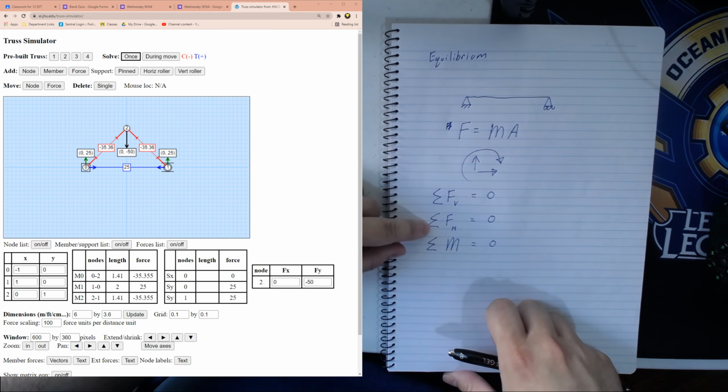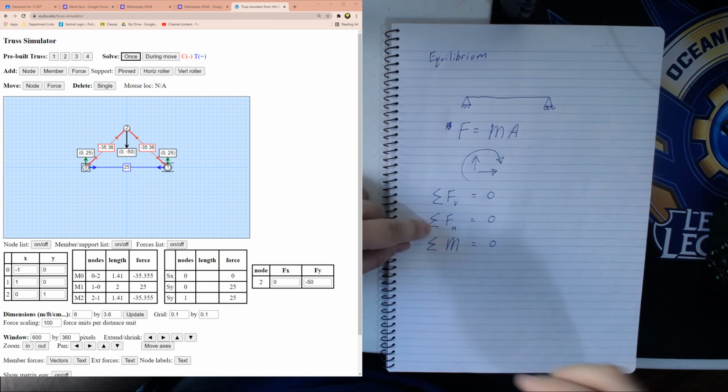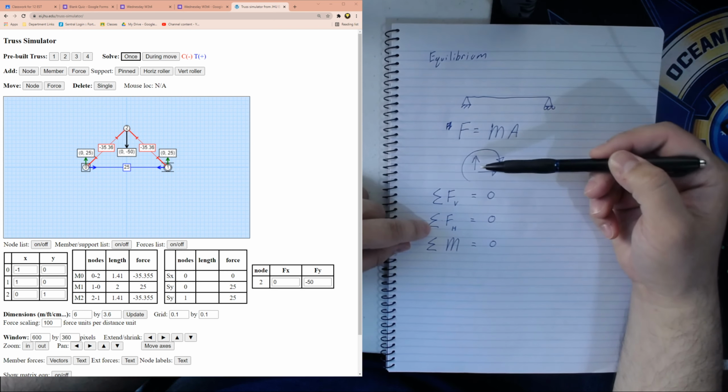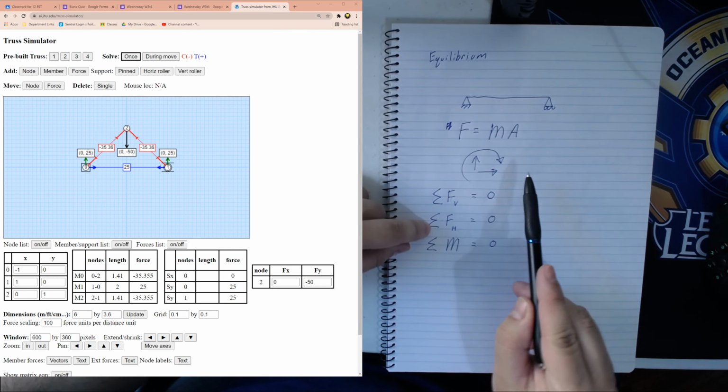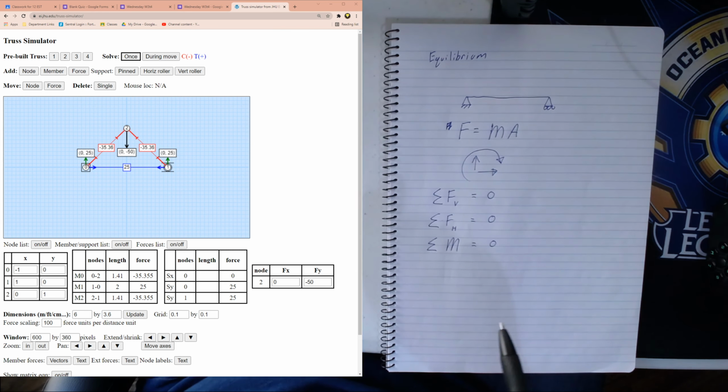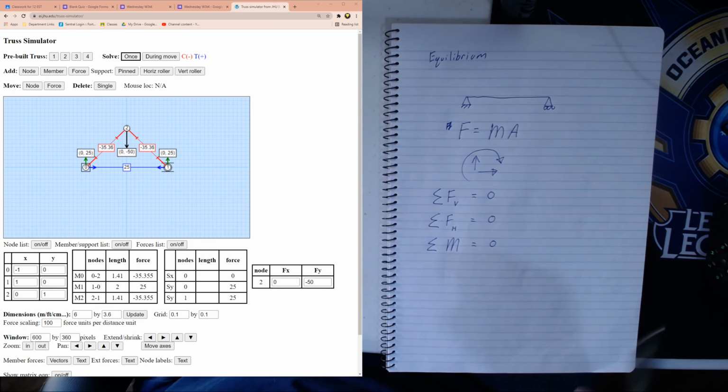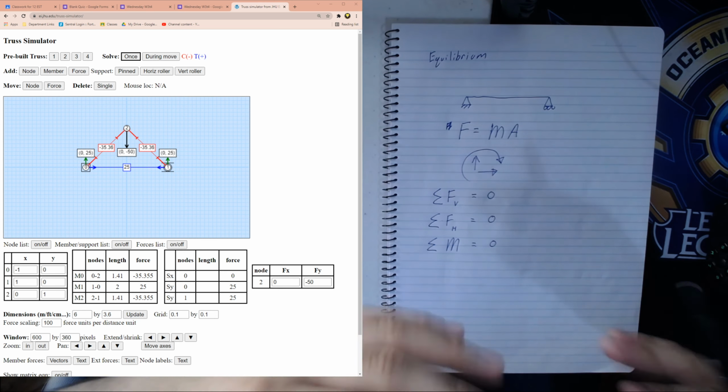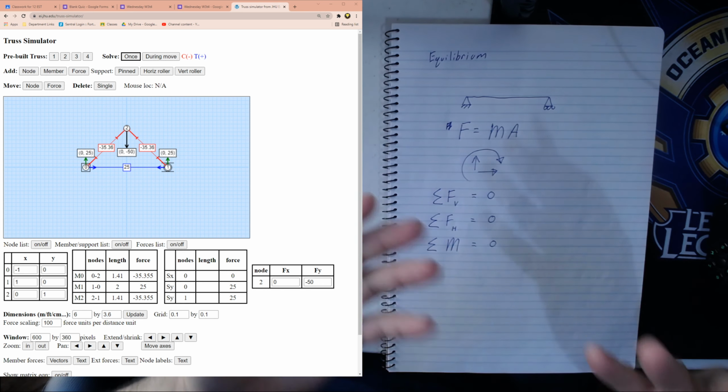The sum of all the horizontal forces has to equal zero. So if we get all our verticals equal to zero and all our horizontals equal to zero, there is no net force. Therefore, there is going to be no net acceleration, which is what we want for our bridges.